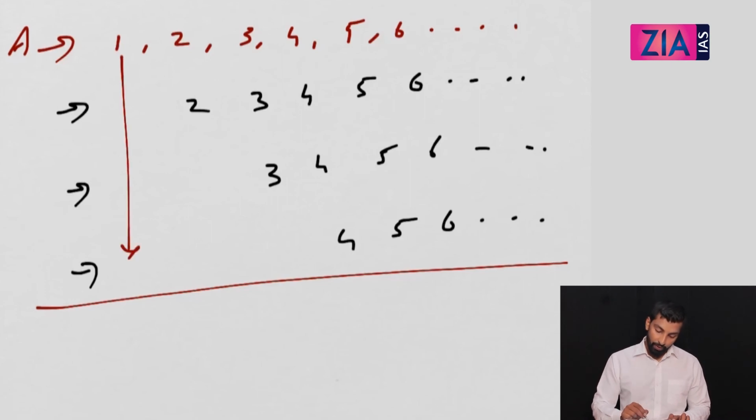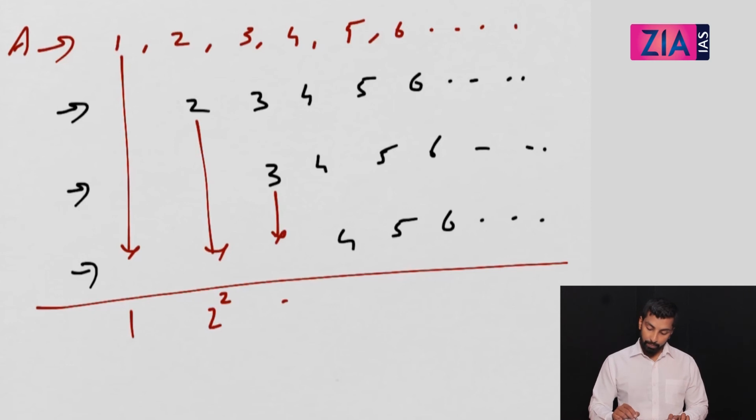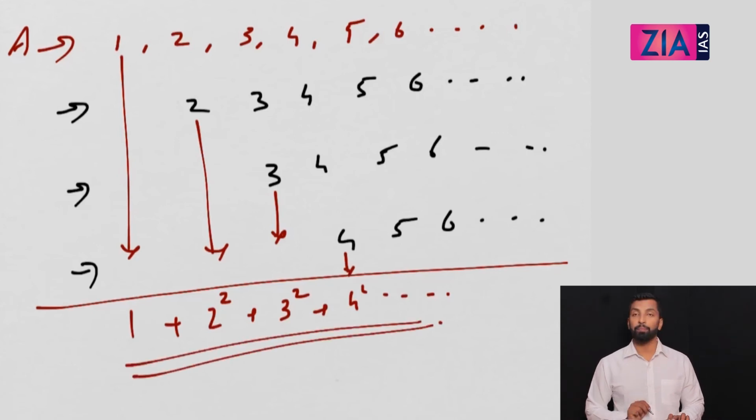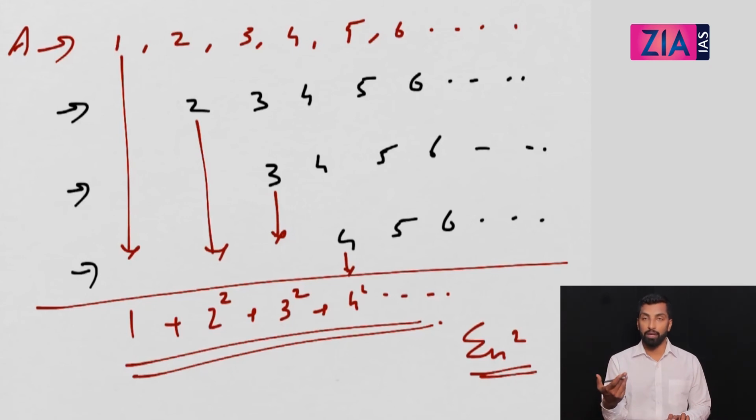This is actually 1, this is 2 square, this is 3 square, this is 4 square, so this is actually a sum of squares. So what you need to do is find sigma n square. We will discuss similar questions when we solve the questions. I am just discussing the concept now.